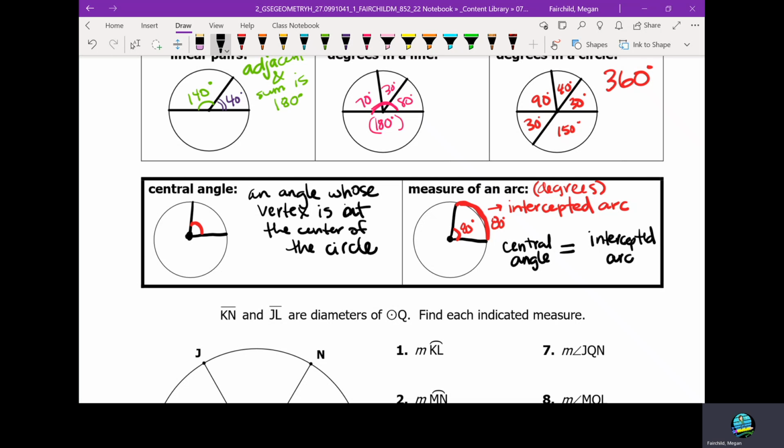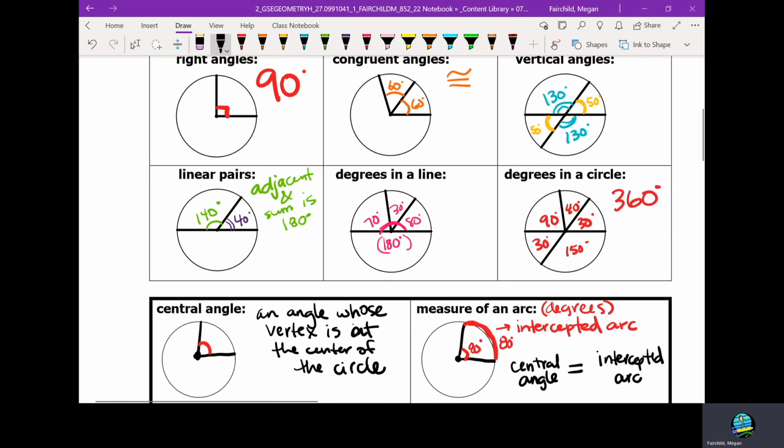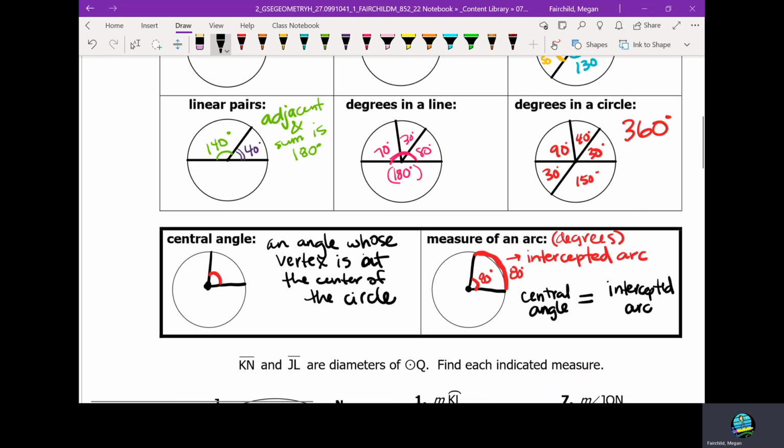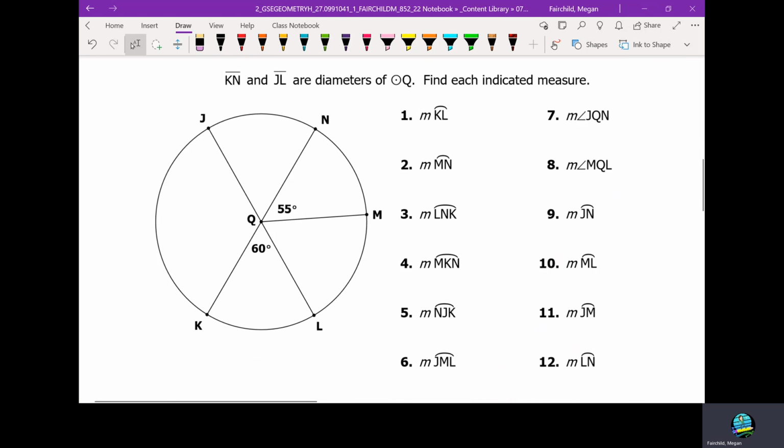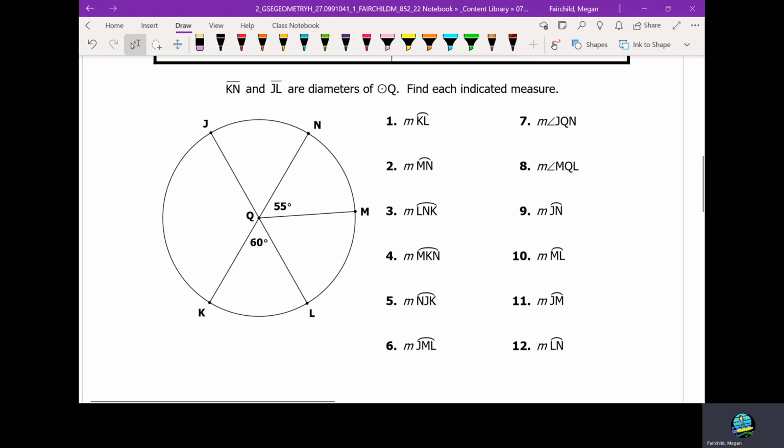All right. So down below, we're going to use all these things we just talked about, plus this, to figure out all these different measurements in this circle. So let's start with arc KL. Notice that it has a little arc looking thing above it. That means arc, right? Is this a minor or major arc? It's minor. How do we know? Because it has 2 letters.